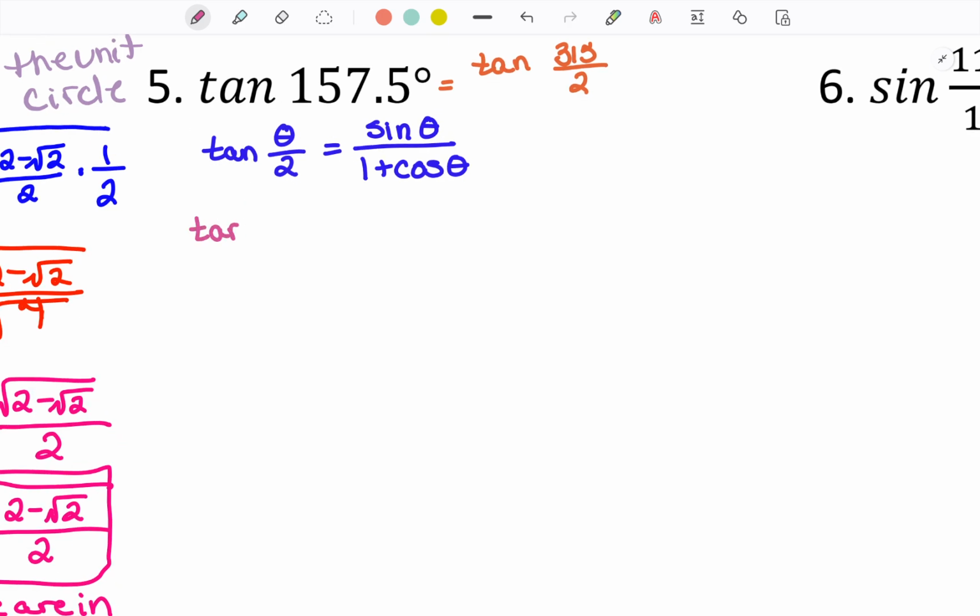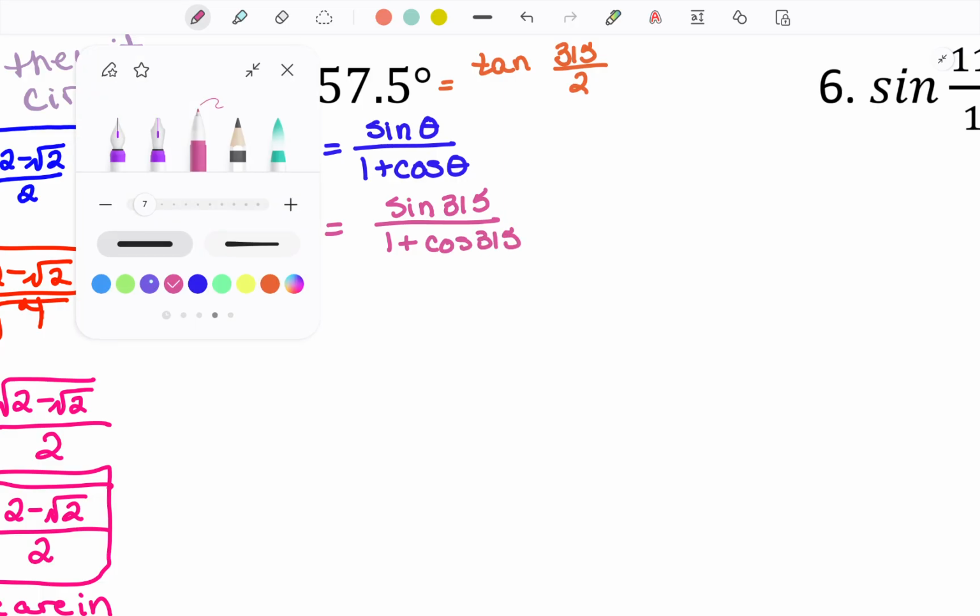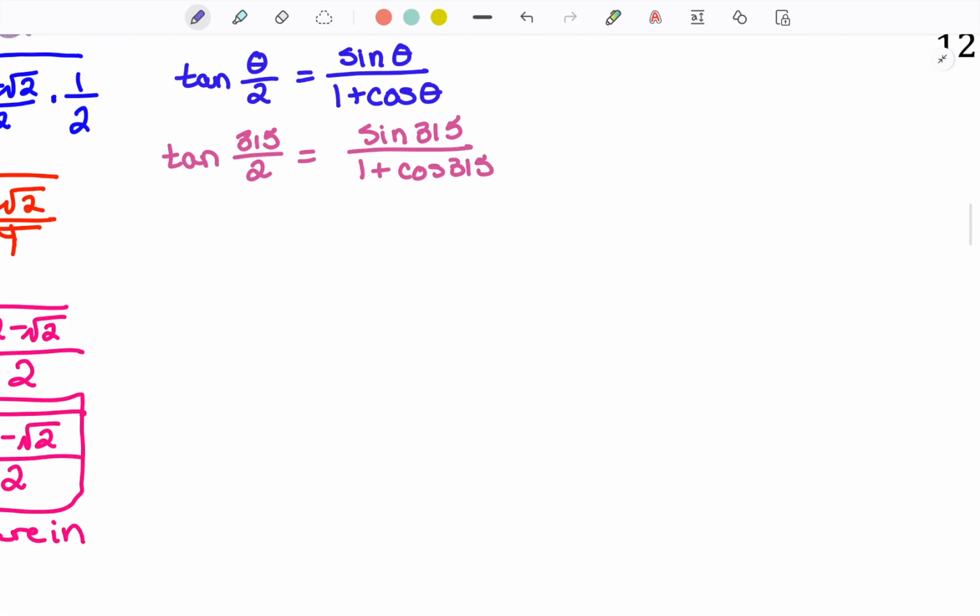And so you have the tangent of 315 over 2. So the sine of 315 over 1 plus the cosine of 315. So we have the tangent of 315 over 2 equals our sine of 315.